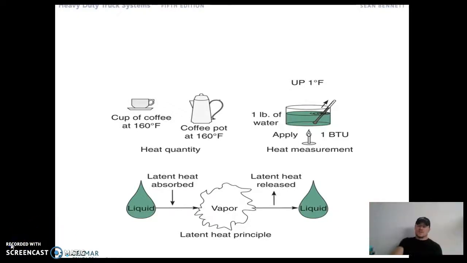So a couple years ago, I saw a guy explain latent heat using a can of ether, and many of you have used ether before. When you press it, the can gets really cold in your hand. The reason is that inside this can you have a liquid under extreme high pressure, right? If you were to poke a hole in this can, it would blow out.